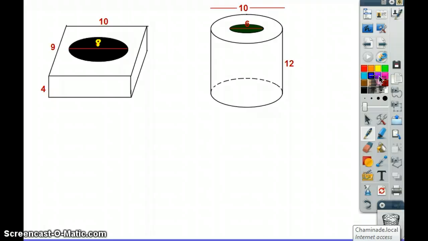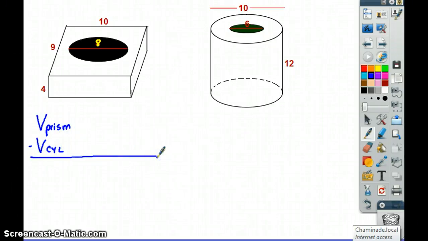We're going to find the volume of the rectangular prism, the volume of the cylinder, and then subtract the 2.